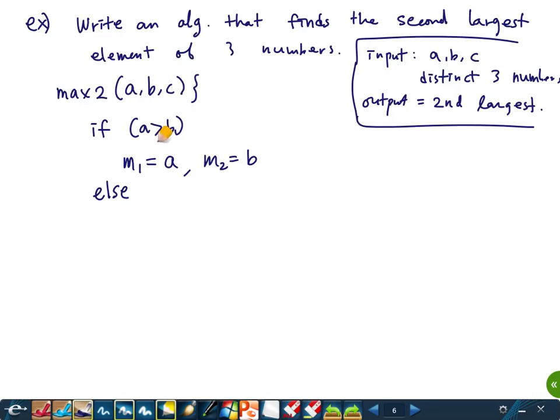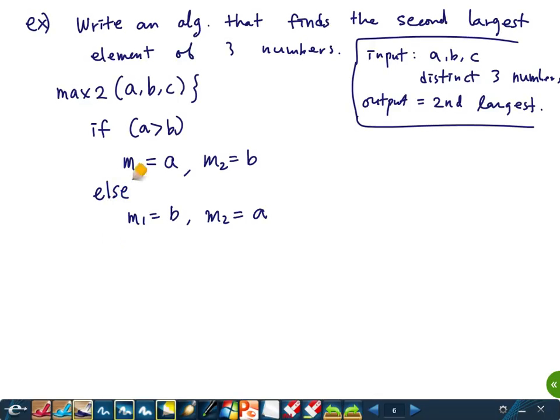Otherwise B is bigger. So M1, the largest, must be B, and the second largest must be A up to this point. So this if else statement means if the condition is true, do this statement, and otherwise do the statement after else. Okay.